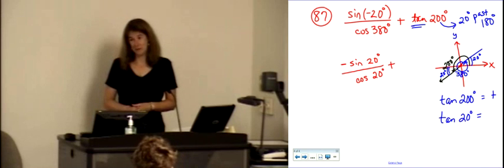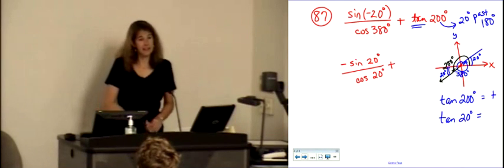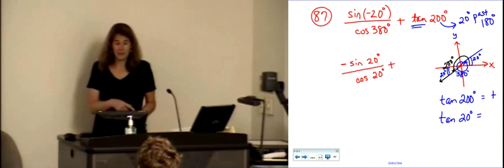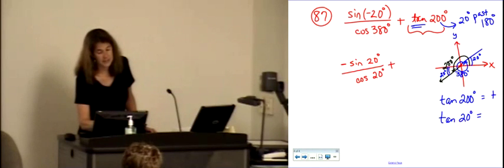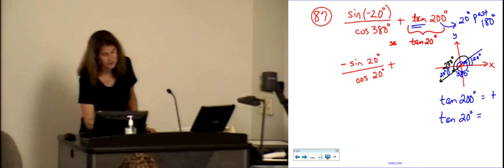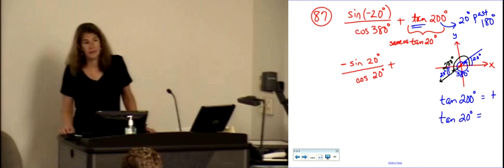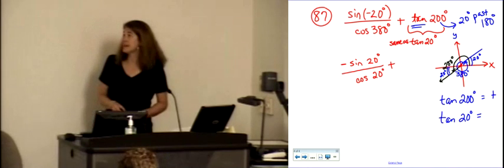They will be the same. The tangent of the 20-degree angle will be the same as the tangent of the 200-degree angle. They will both be positive. They will be the same. Are we together on that part? The tangent of 200 degrees is going to be the same as the tangent of 20 degrees. Do we see that? It's where they're mirrored down there, okay? They're corresponding angles.